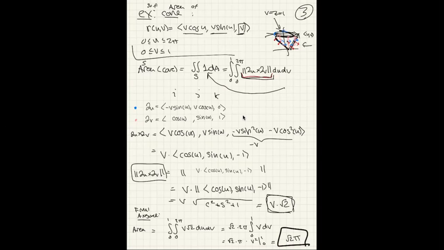If you integrated that function f over the surface, in theory, what you'd be doing is accumulating the total grams of the surface. So in this case, we weren't dealing with a function. We scaled each piece of area uniformly with 1, and we got the area back.